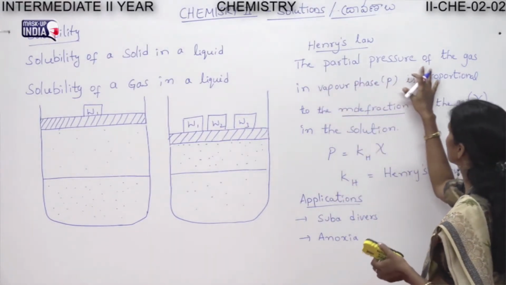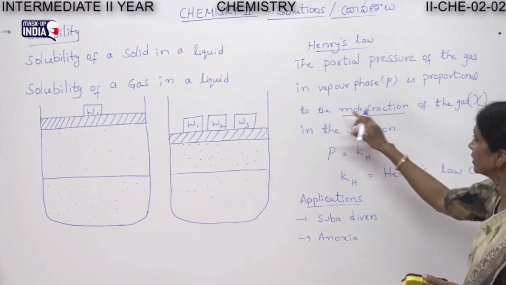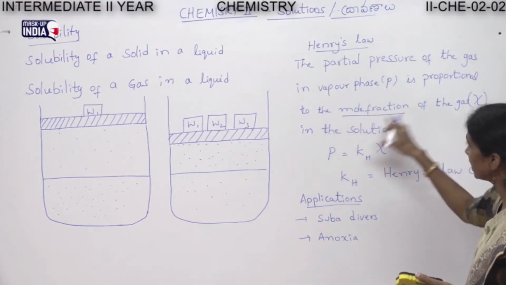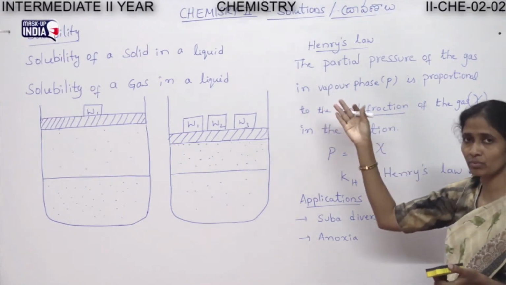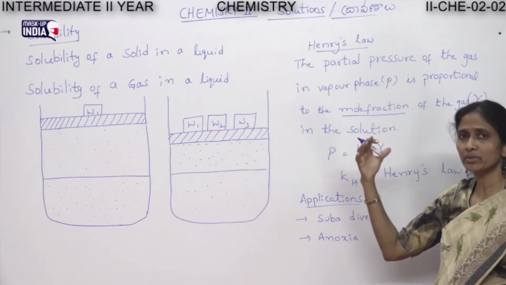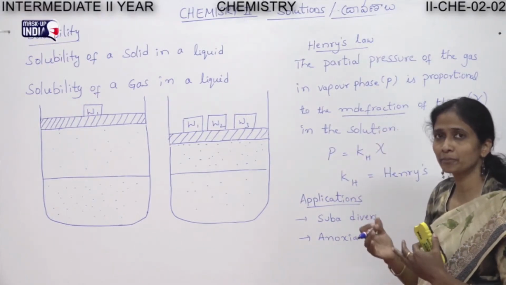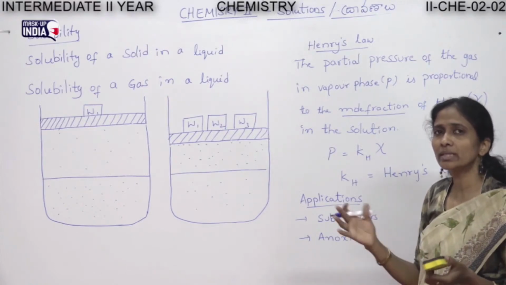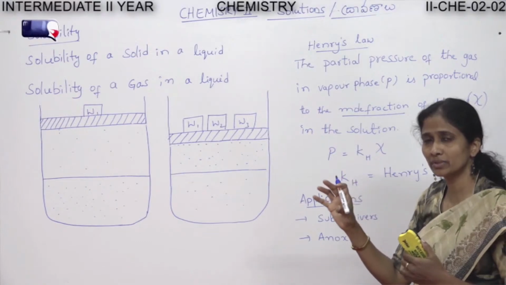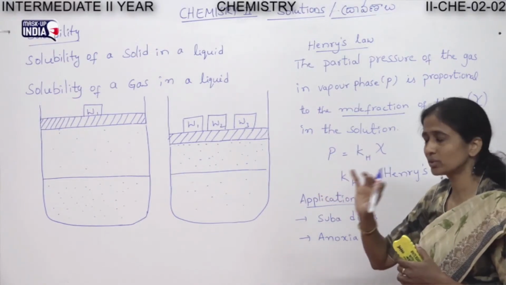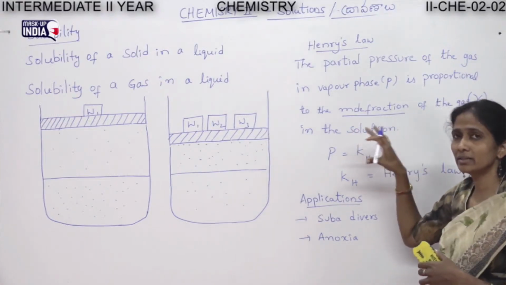The partial pressure of the gas in vapor phase is proportional to the mole fraction of the gas in the solution. You know very well what mole fraction is: the number of moles of one particular component divided by the total number of moles of all compounds present in the solution.